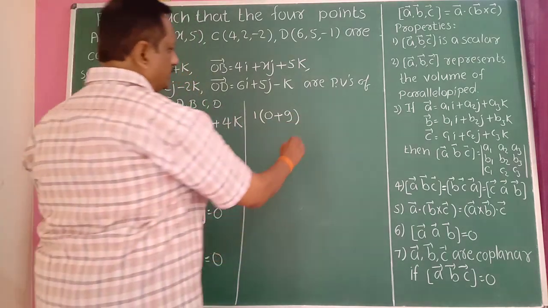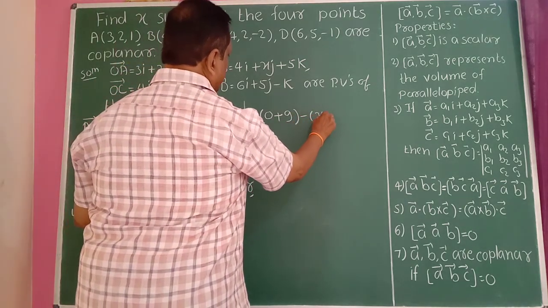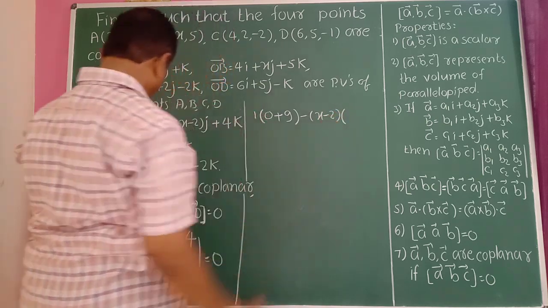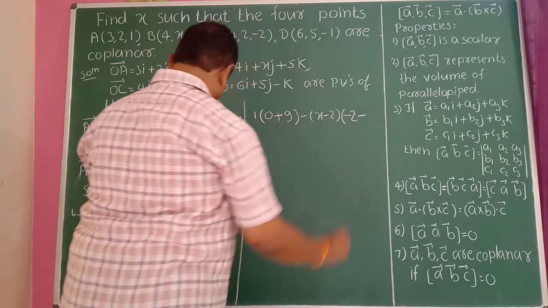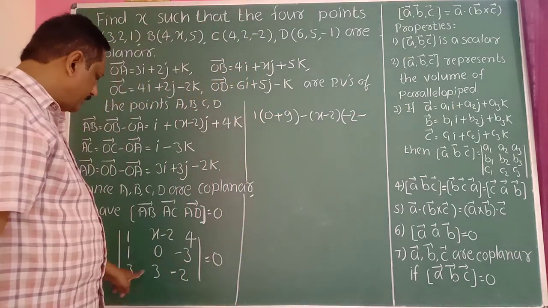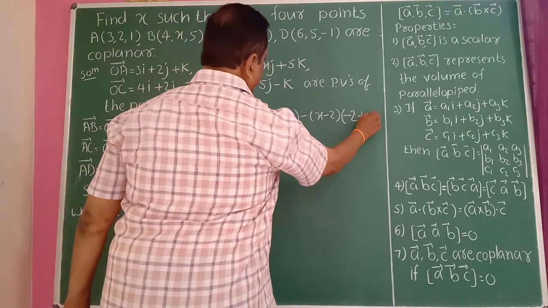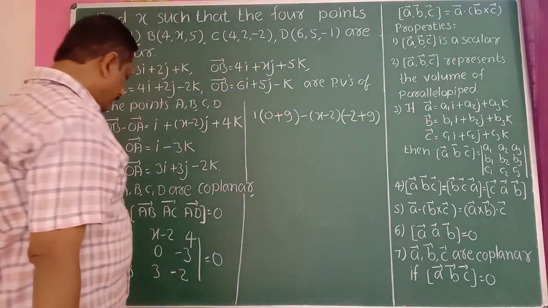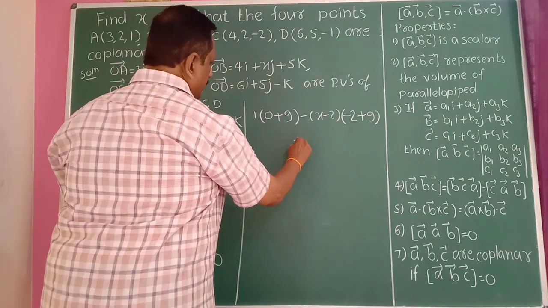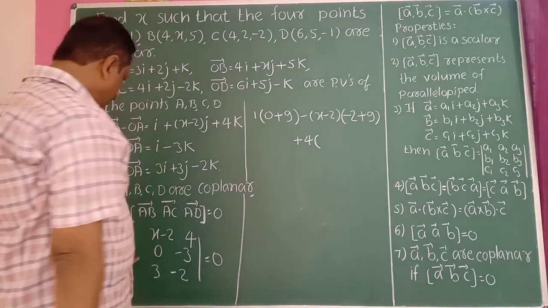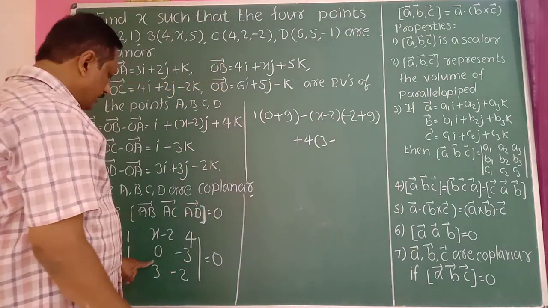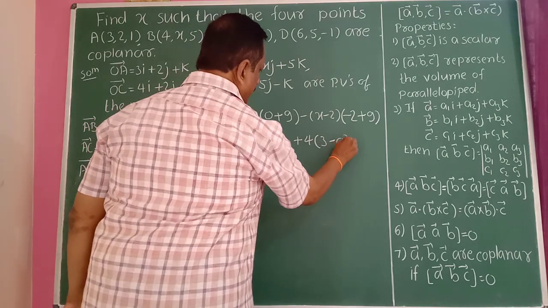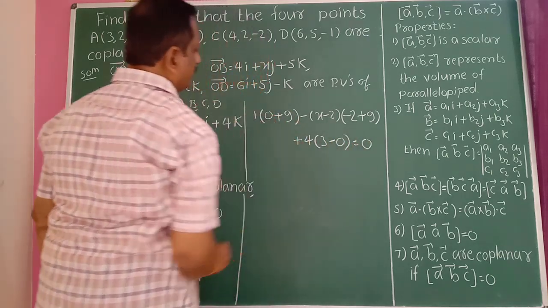Minus of (x minus 2) into (1 into minus 2 becomes minus 2, minus of 3 threes are 9, minus 9, minus minus plus 9) here. Then plus 4 into (1 into 3 becomes 3, minus of 3 into 0 becomes 0), that is equal to 0.